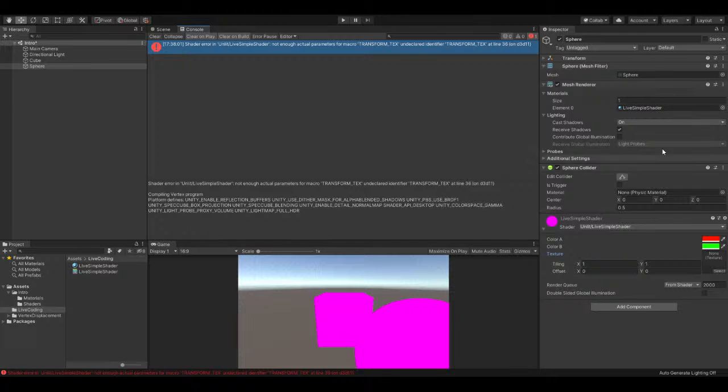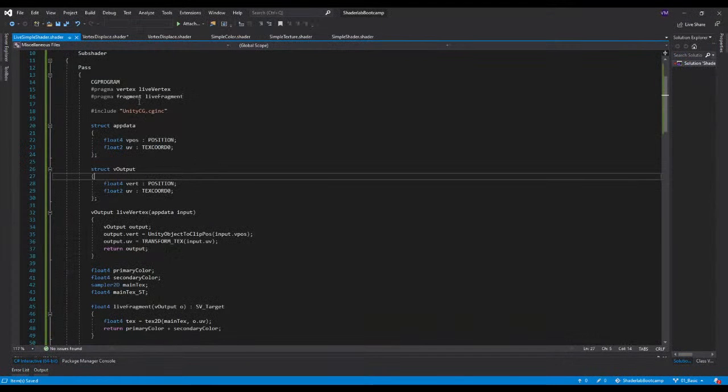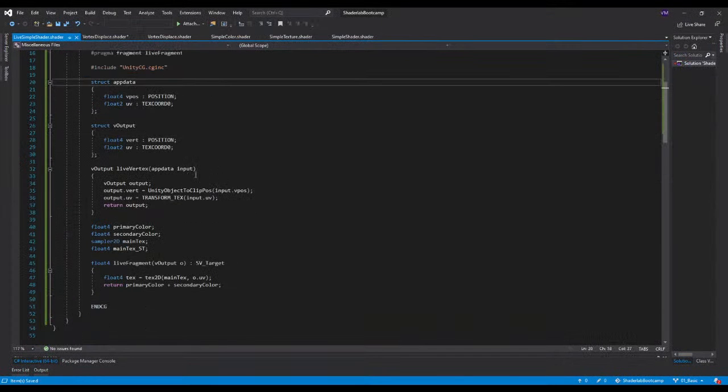All right. Why? Because let me take the shader. Okay, not enough actual parameters for macro, TRANSFORM_TEX. Okay, so that means now at least one thing we are sure of is that our code is including the right file, our function is right, but the parameters are not correct.